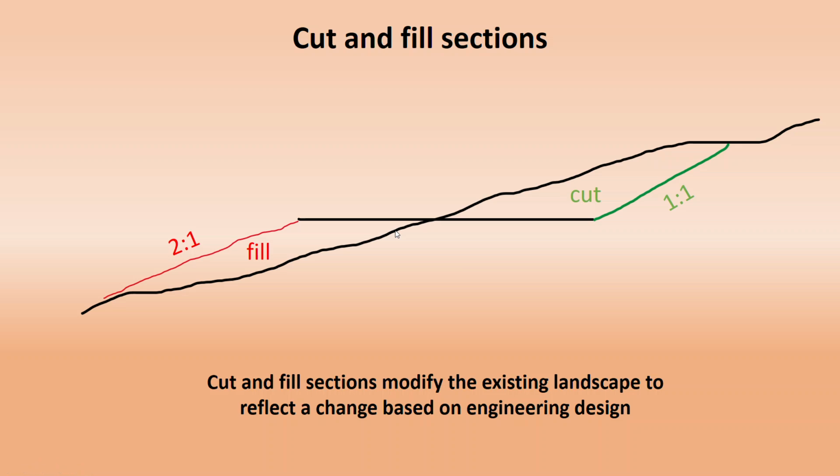A typical cut slope can be steeper than a typical fill slope, right? You might see a 1-to-1 on a cut, or a 2-to-1, even a 3-to-1, a nice flatter, gradual fill slope. And that's because you need that fill slope to be safer if a vehicle rolls its tires off the traveled roadway and catches that.